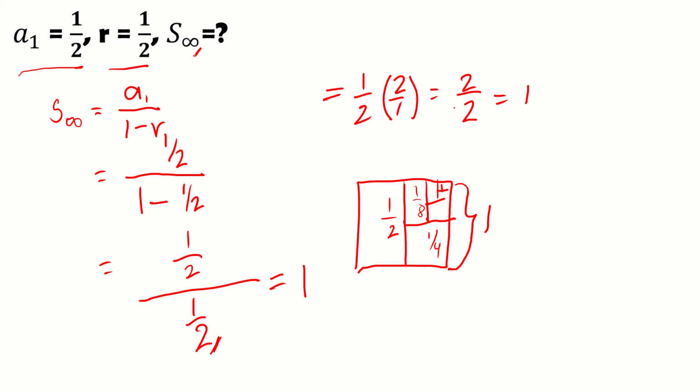So, ito yung pinapakita na kahit siya ay infinite sequence, meron tayong makukuha na finite na sum. So again, possible lang po na magkaroon ng sum ang isang infinite geometric sequence if the absolute value of the common ratio is less than 1.